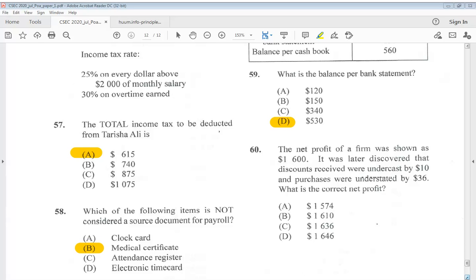We're going to add $10 to that, and we get $1,610, and then we are going to less our purchases that were understated. So when we less $36 from $1,610, we are left with our corrected net profit of $1,574. A would be your answer.